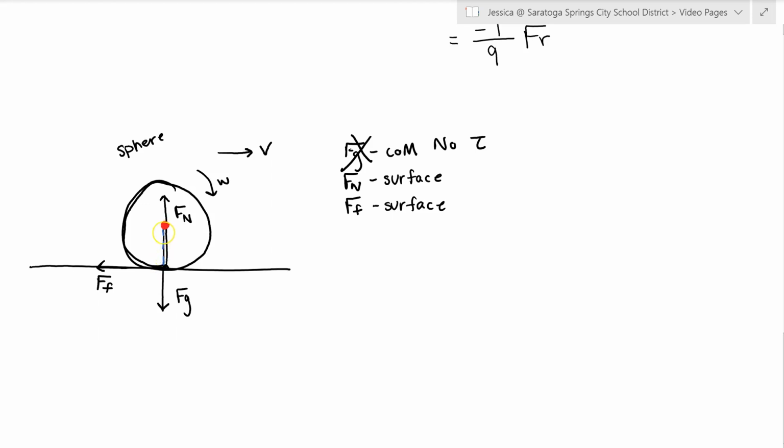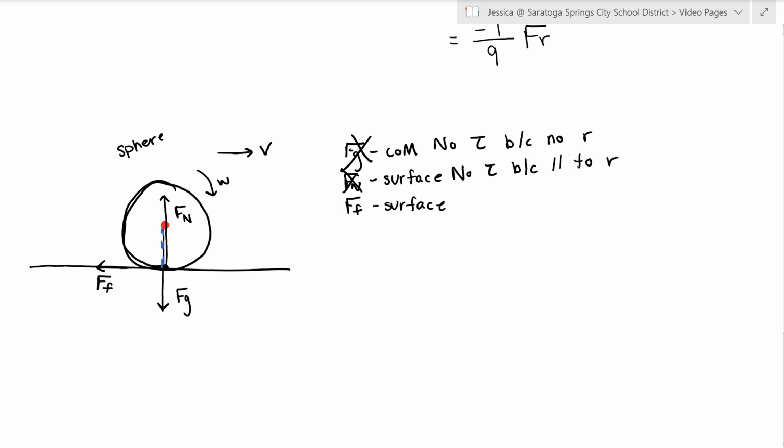It's the line connecting the axis of rotation and where the force is acting. The normal force is actually parallel to that line, which means that the normal force cannot create a torque. So again, gravity had no torque because there was no R. Normal force has no torque because it is parallel to R.